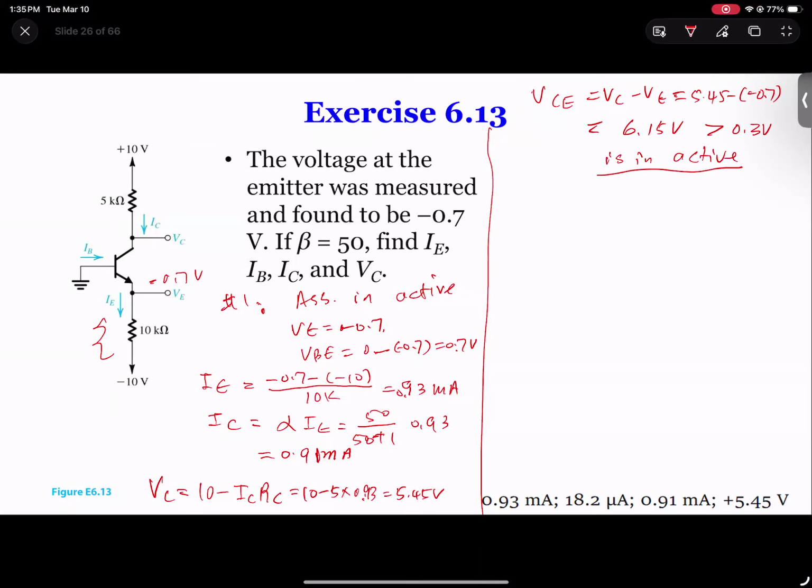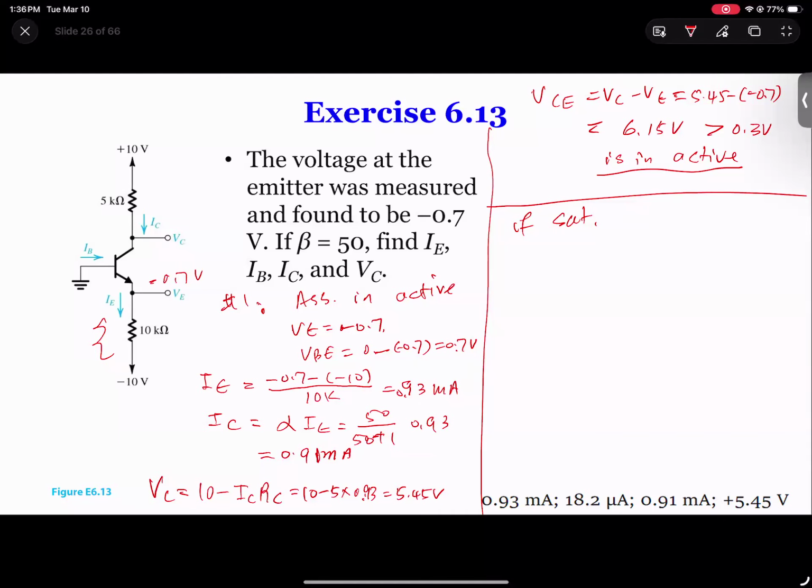So this last one is actually important because what we're doing is we verify that the transistor is working in the mode we started. If not, we have to redo the problem. So you might say, okay, well, this one we did by chance, we assumed it's active. But if you started, let's say, in saturation, I guess this also tells you a little kind of process.